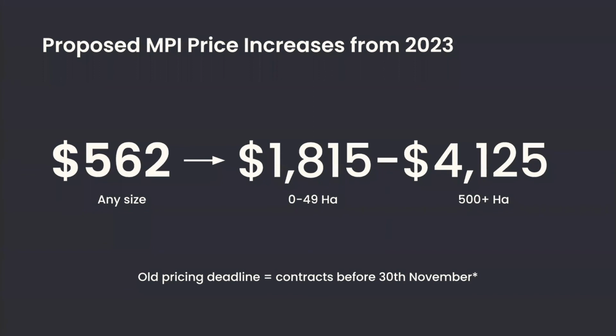It's just a flat rate. But MPI is proposing that if you're applying for 0 to 49 hectares of forest, it will increase to about $1,800. If you're applying for over 500 hectares, for example, it'll cost over $4,000. We want to let people know about this because it's a substantial increase in those application fees.